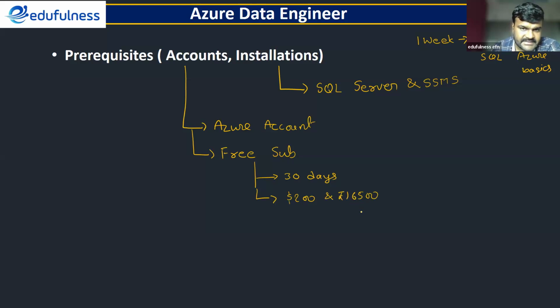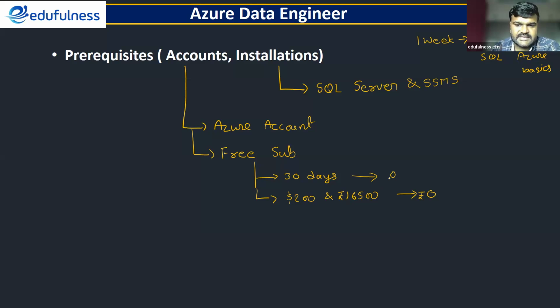Free credit means whenever you use any of the Azure services, if you use something inside the Azure cloud, it is chargeable actually. So that amount is going to be cut from this credit. You can use this account until your credit becomes 0 or your number of days remaining is 0.